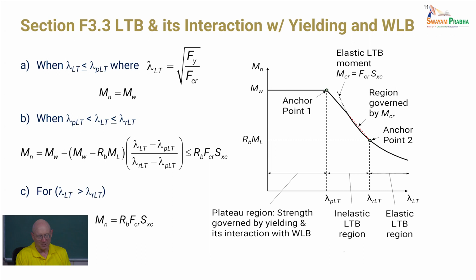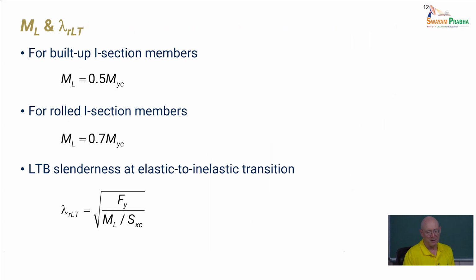Otherwise, there's a linear transition, and then when we reach the limit lambda r LT, we're into an elastic buckling calculation. So we still work directly with an elastic buckling LTB resistance in that last region here. So I'll come back to this curve and show a little more about it in a minute.